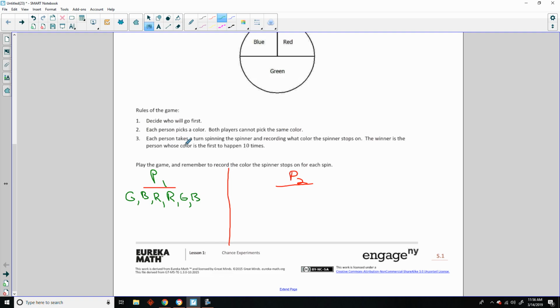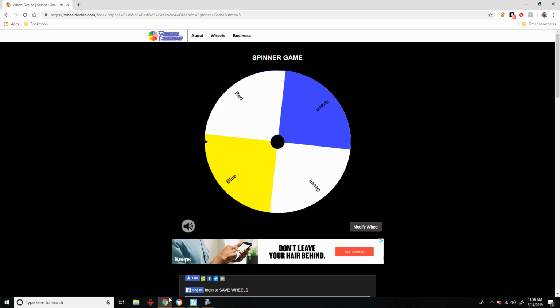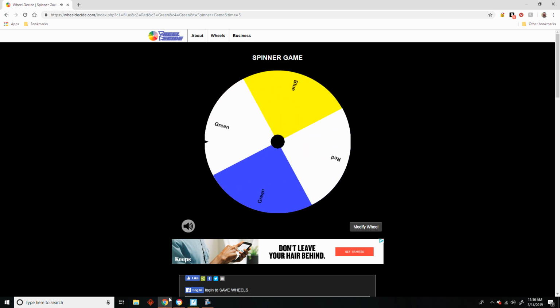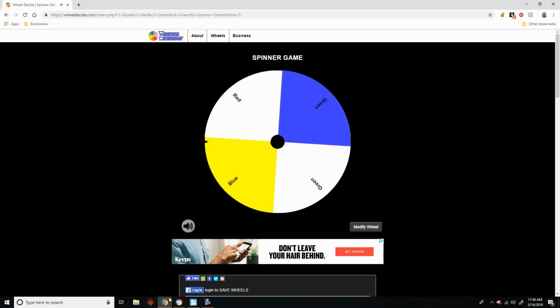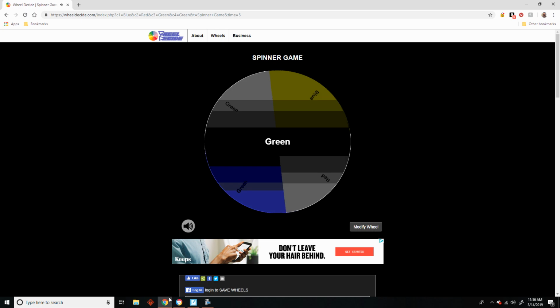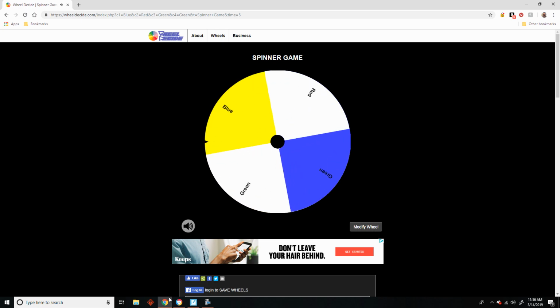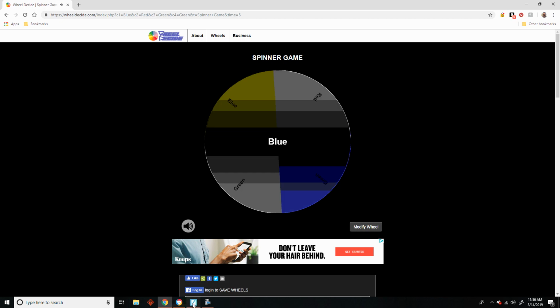Now it says each person takes a turn spinning and writing it down. The winner is the person whose color is the first to happen 10 times. I'm waiting for green to happen 10 times. There's green 1, there's green 2. We've got to keep going. Okay, green. Green. Blue.